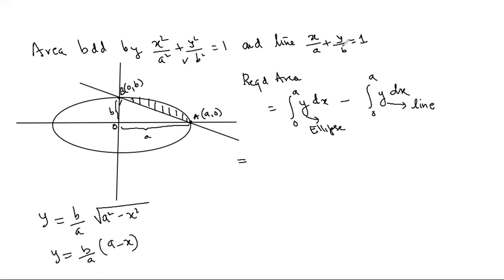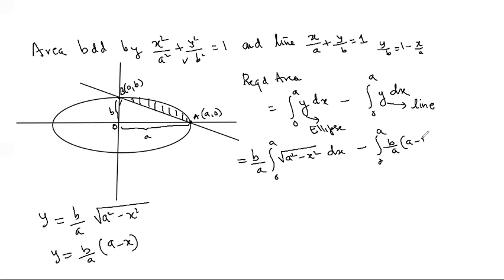Correct? From here, y upon B is 1 minus x upon A. Take the LCM, A minus x. So your answer will be B by A times the integral from 0 to A of root of A square minus x square dx, minus the integral from 0 to A of B by A times (A minus x) dx.